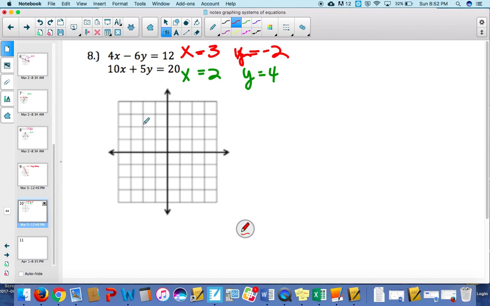So the first equation is going to be at +3 on the x-axis and -2 on the y-axis, so we're going to draw in our line. And then the second equation is going to be at positive 2 on the x-axis and positive 4 on the y-axis.